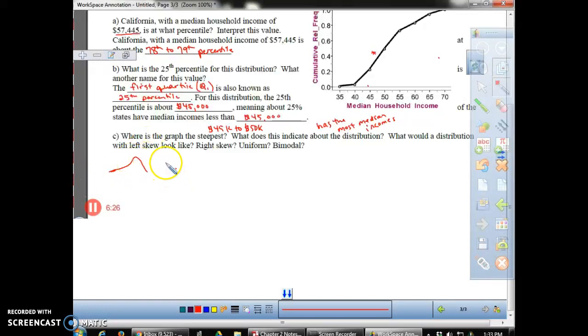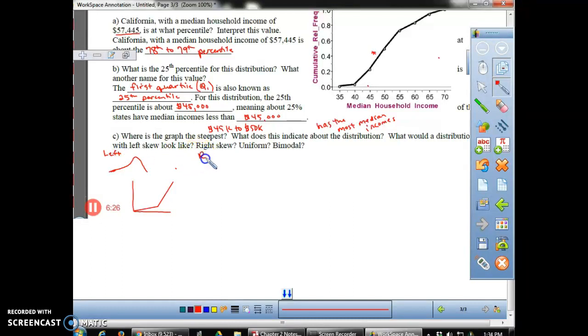So if it is a left skew, I think that the graph itself, I'm just kind of doing an X and a Y axis here, it would start off slowly and then it would pick up and accumulate more. So I would say it'd be something like, and this is just an approximation, so it starts off slowly and then picks up and it gains a lot of values to the right side. So that would be something that might look like a left skew.